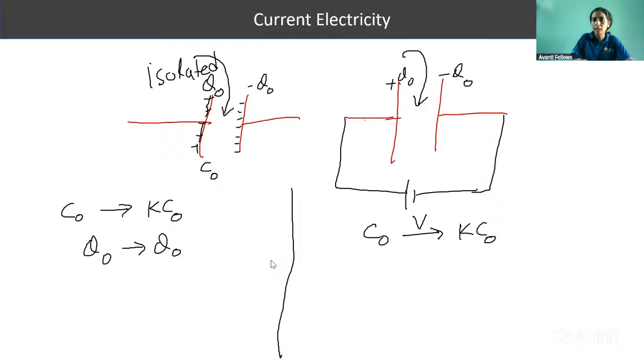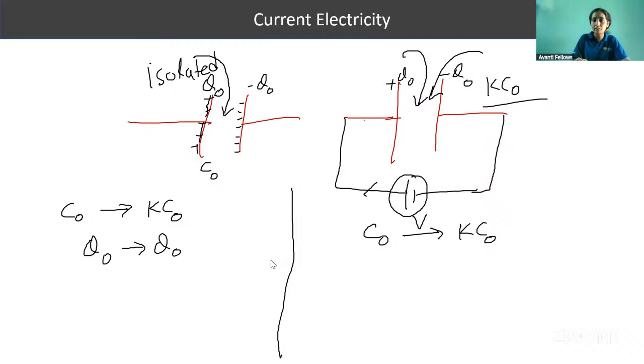Here what will happen? If its capacitance is increasing by K times, this capacitor is connected to the battery. So this battery will respond to the increased capacitance. How will it respond? Just like when our hunger increases, we give ourselves more food. So here also the plate capacitor's desire is more now.